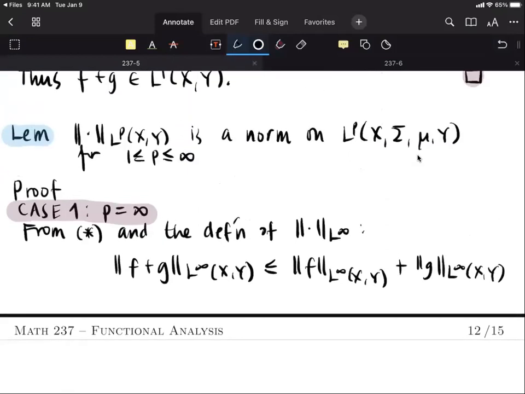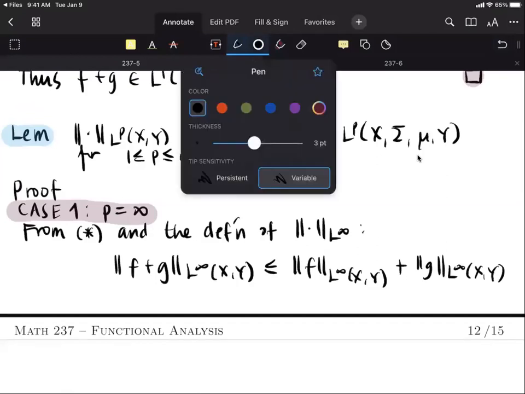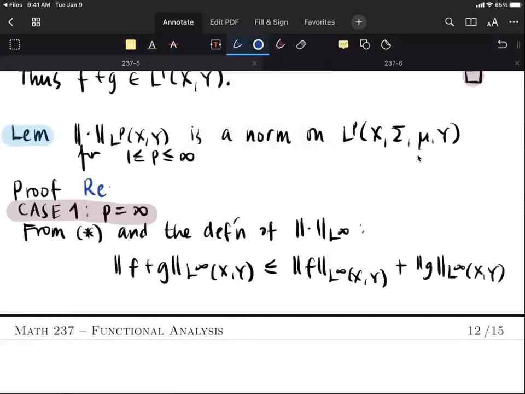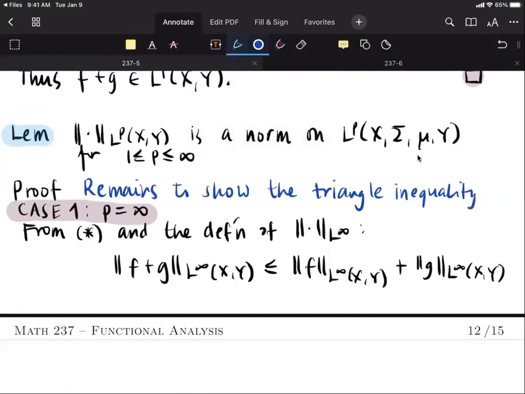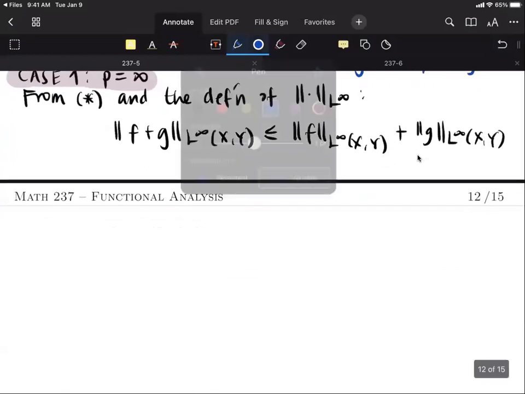Take note that it remains to show the triangle inequality, because we already established homogeneity and definiteness a while ago. So that's the easy case again.